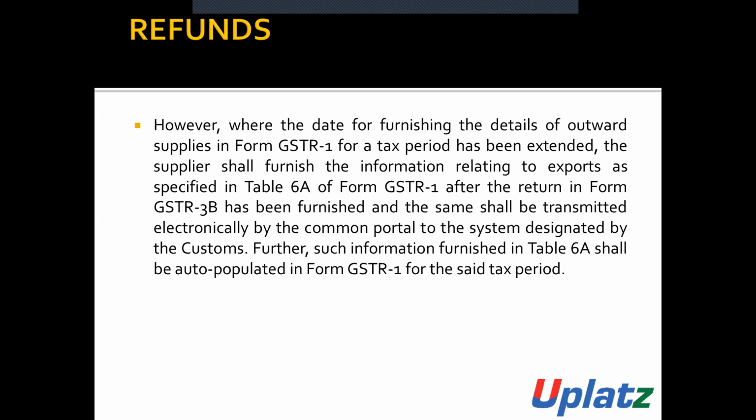However, where the date for furnishing the detail of outward supply in form GSTR1 for the period has been extended, where the date of furnishing the detail of export in form GSTR1, the detail of outward supply submitted by the exporter in form GSTR1, if the date of furnishing the return of GSTR1 for a tax period has been extended.